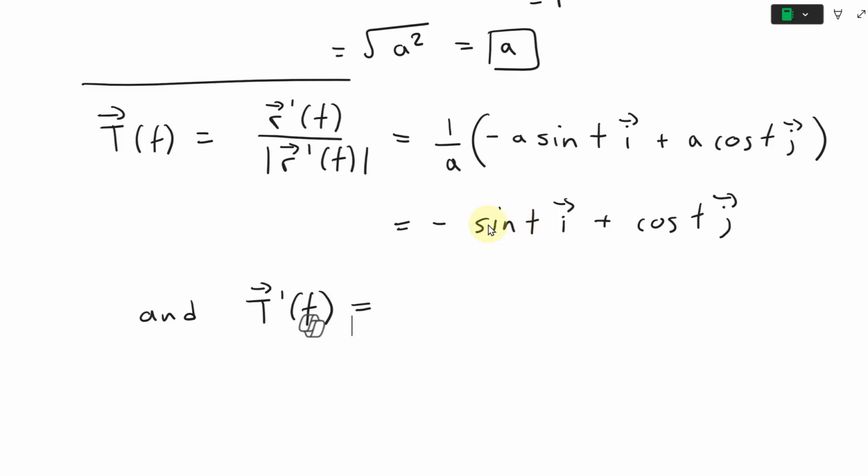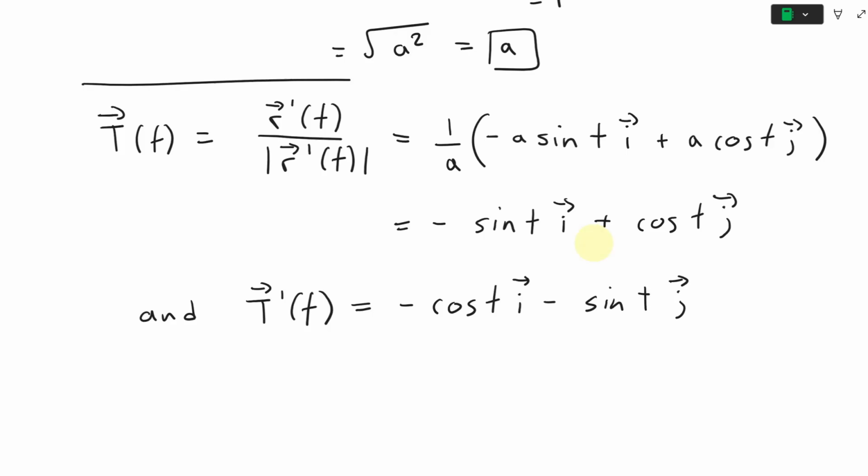Well, the derivative of sine is cosine, so negative cosine t i, and the next one is cosine, and the derivative of cosine is negative sine t, so negative sine t j, like that.